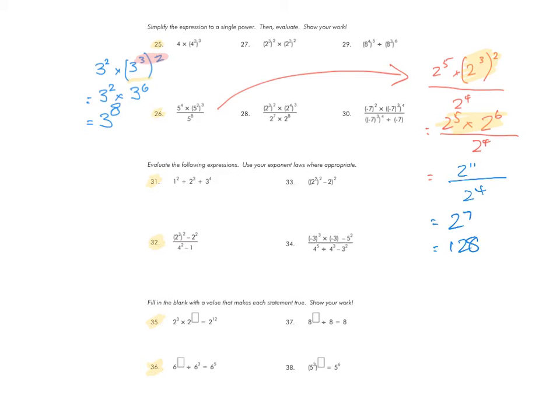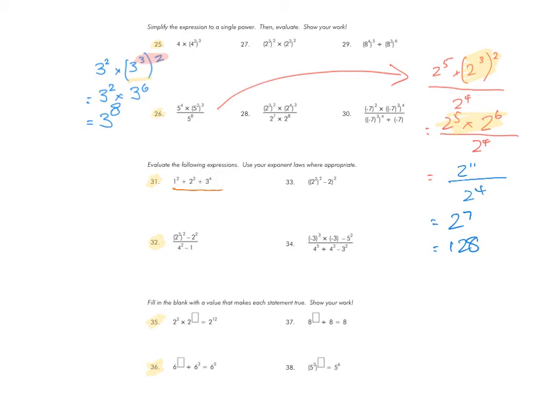All right, now let's go on to 31. Right here, the question is 1 squared plus 2 cubed plus 3 to the exponent of 4.